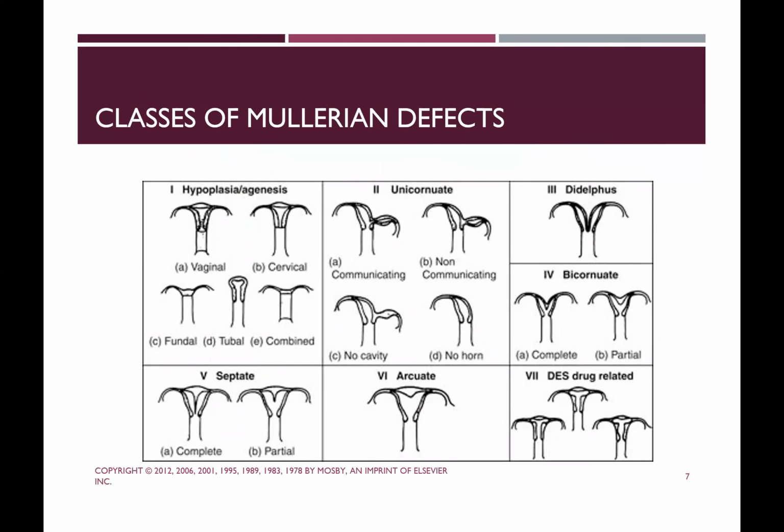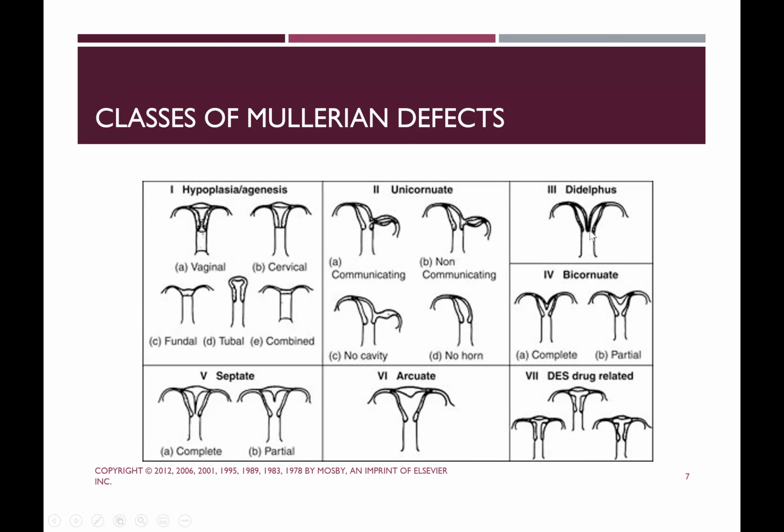These are the classes of the mullerian defects, and just to be aware of these, you can have hypoplasia or agenesis, so the uterus just doesn't develop. The unicornuate has different degrees, but it's basically one horn of the uterus.